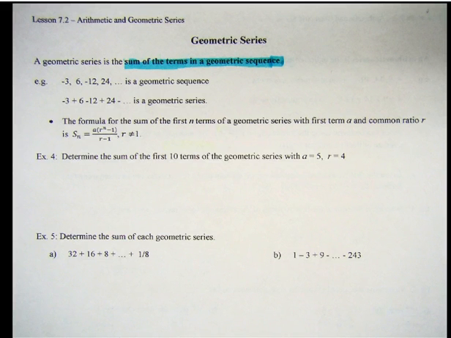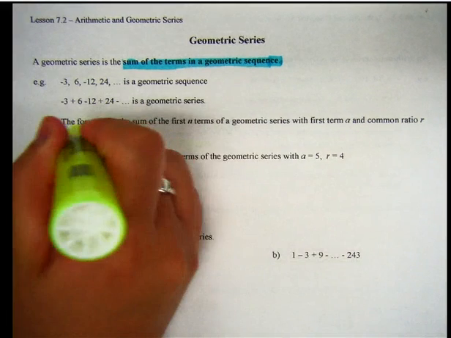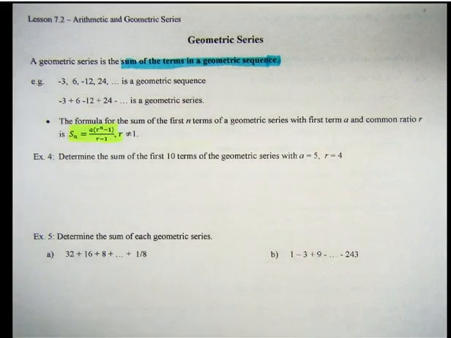There's just one formula for the sum of the terms in a geometric series, and that is Sn equals a bracket r to the power of n minus 1 divided by r minus 1. The restriction on this, if you remember all the way back from Unit 1, rational expressions, is that r can't equal 1, because otherwise you would be dividing your expression by 0.